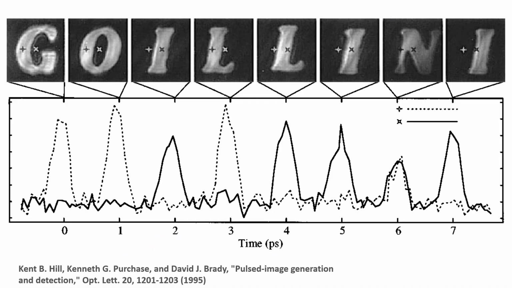This is a pulsed image, so each letter shown here had a duration of somewhere around 100 femtoseconds, and then the light flying in space was going from letter to letter, and at the bottom here, for each cross or plus sign, you'll see an integral through time of what the temporal signal is for that pixel.